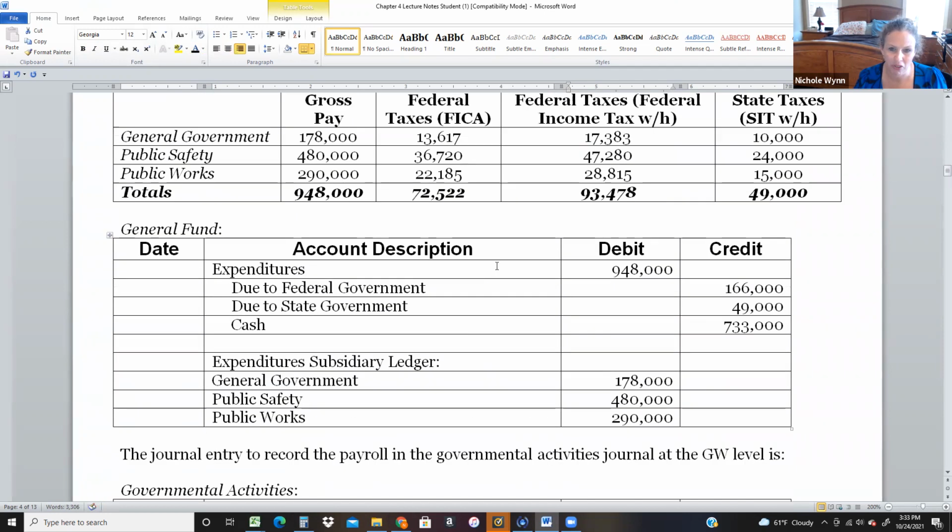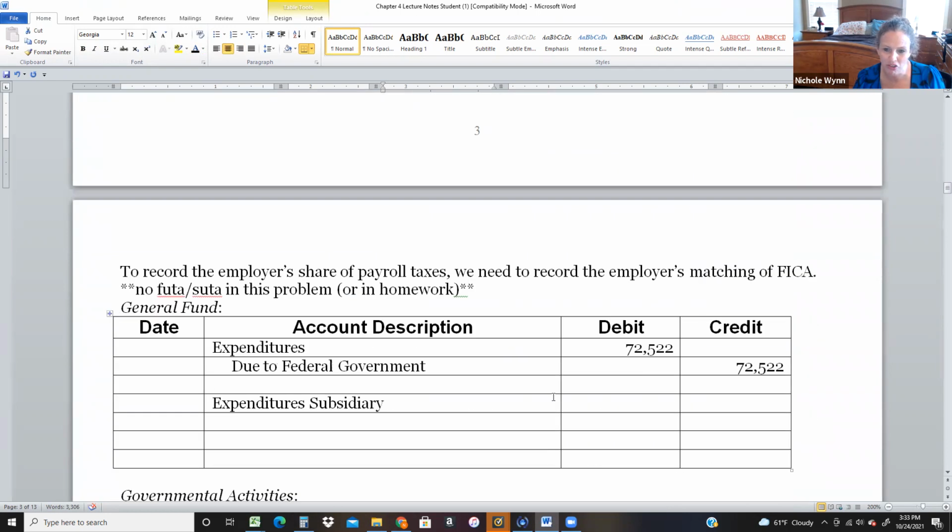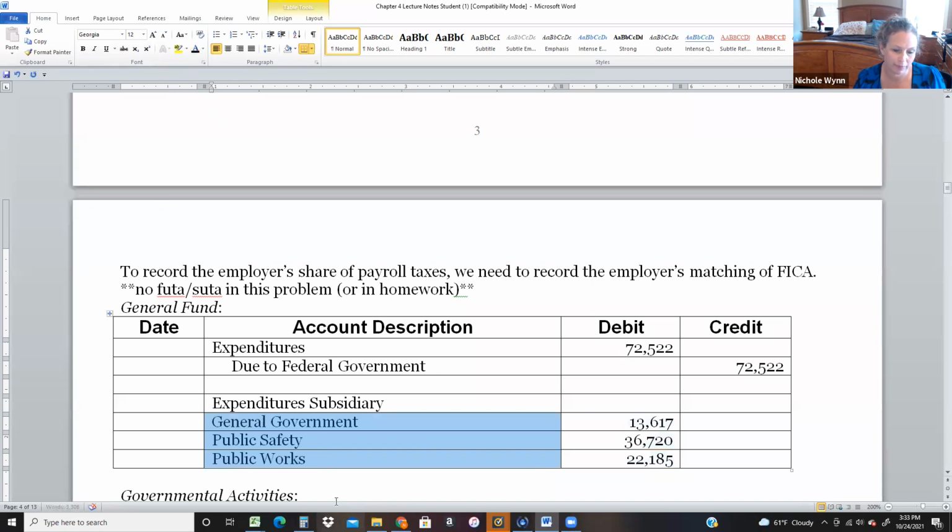The detail will be these 13,617, 36,720, and 22,185. So we're going to match that. Those three debits will be general government, public safety, public works. Again, this provides the detail to the expenditures.